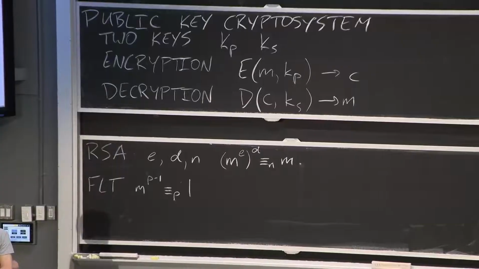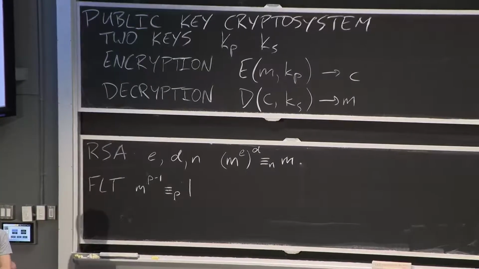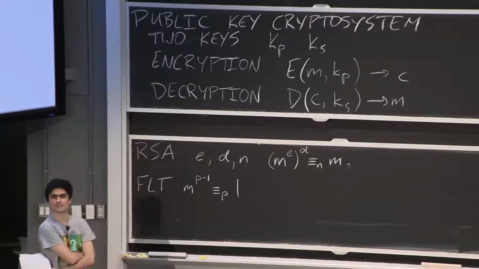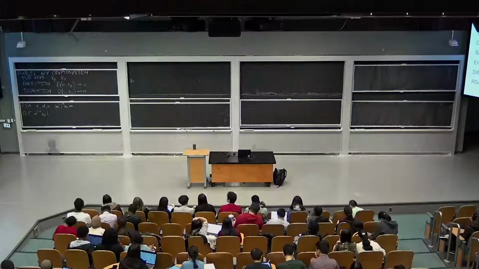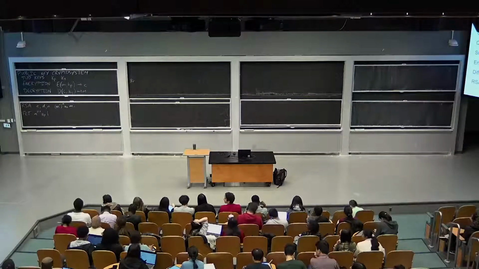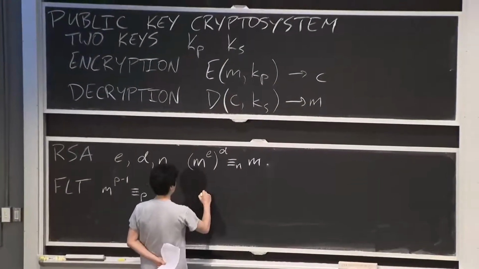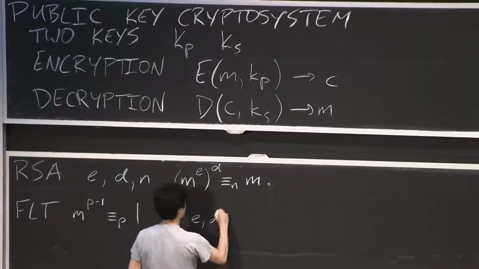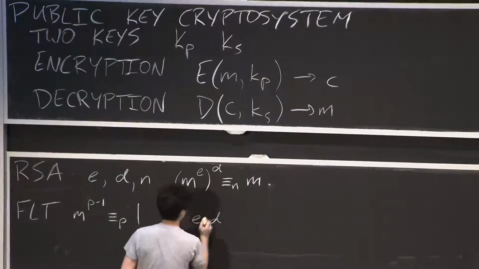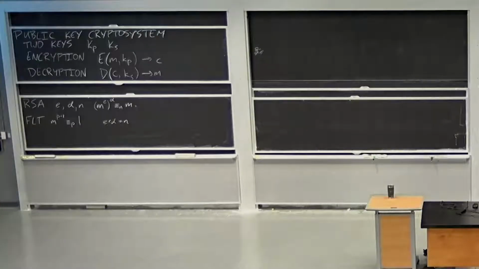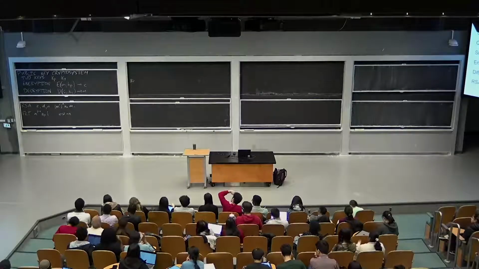First, how might we choose n? The idea was to let E and D be factors of n, so E times D equals n. Does anybody see a problem with this?